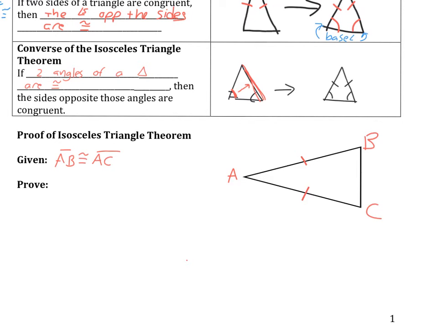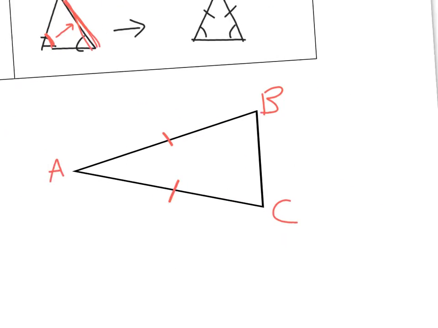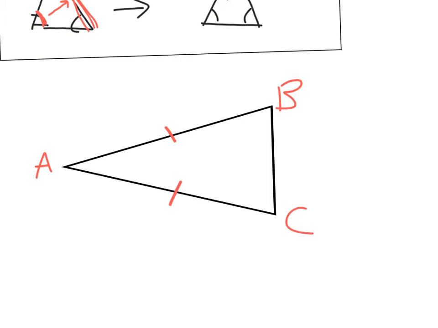And what are we trying to prove? I'm trying to prove that in this diagram, angle B is congruent to angle C. Why? Because those are the angles opposite the congruent sides. If we were to draw one itty bitty line here, draw this line right here.